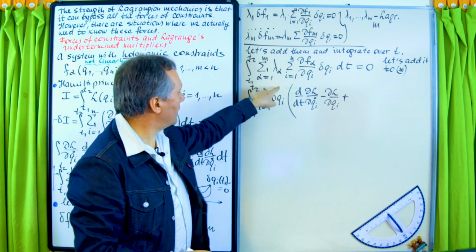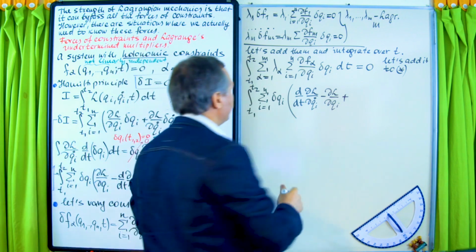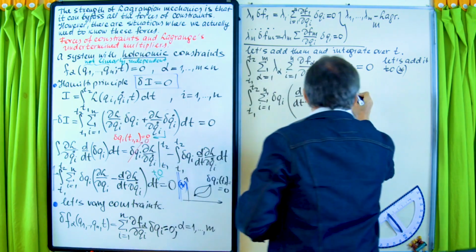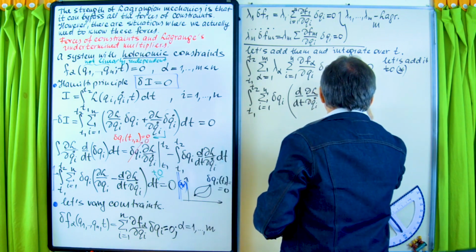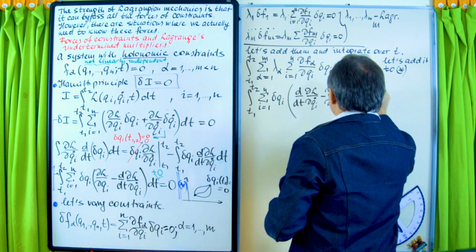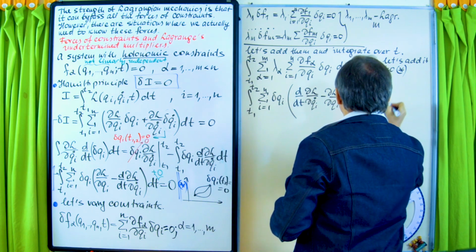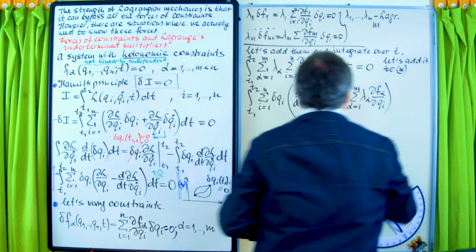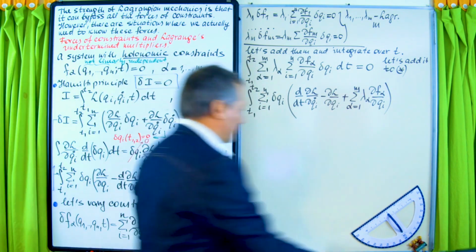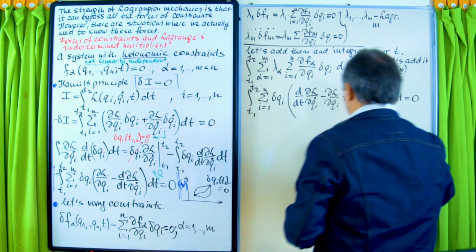Summation over alpha, lambda, and this partial derivative. This delta Qi is already here. So summation over alpha from 1 to m, lambda alpha, partial derivative of f alpha with respect to Qi, and that's it. And dt equals 0.